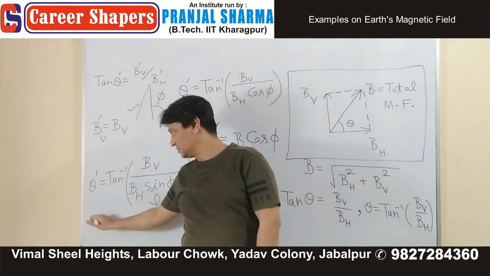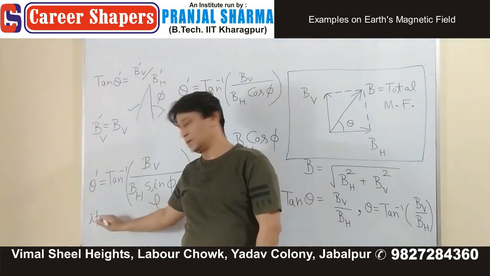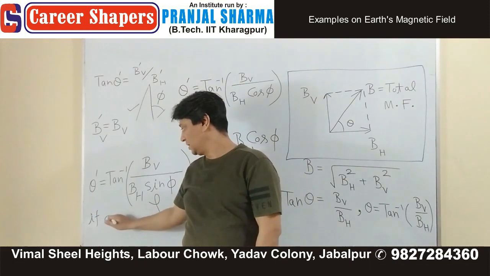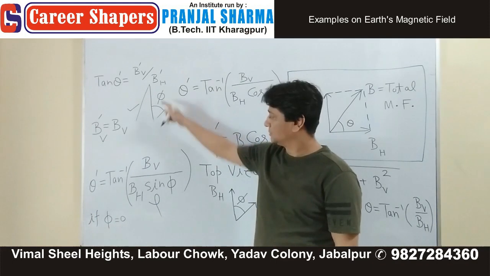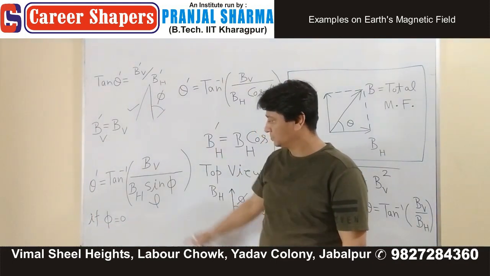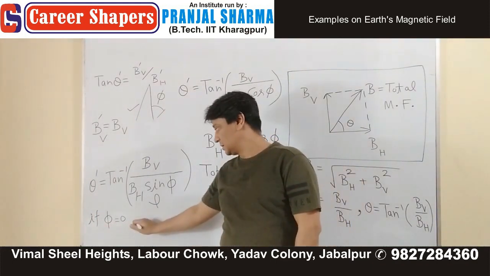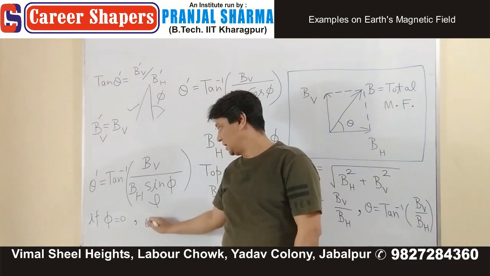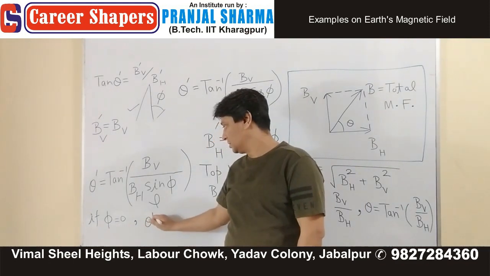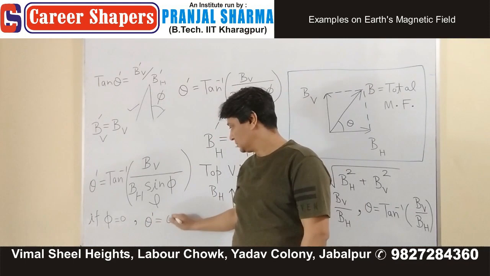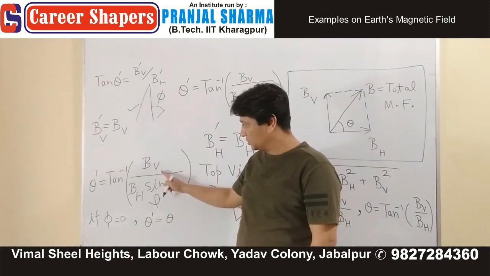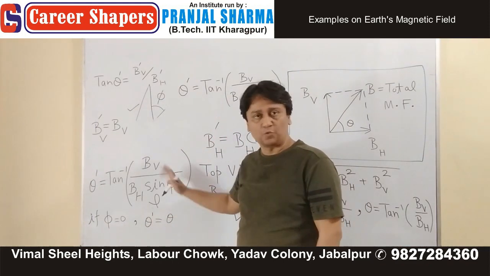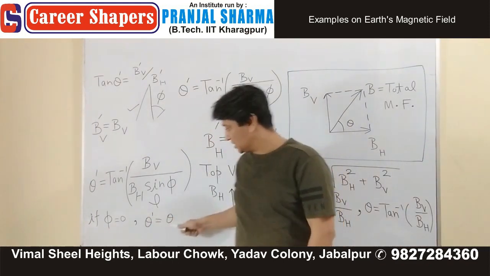Because if phi is 0, then theta dash should become theta. And because of this the option is not a correct one. Mention this.